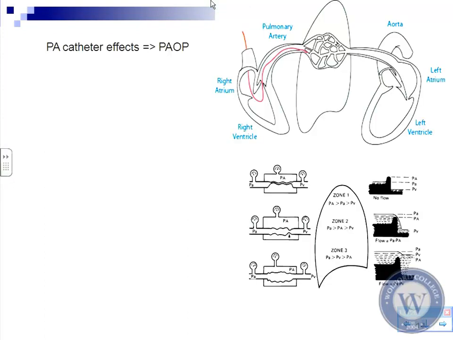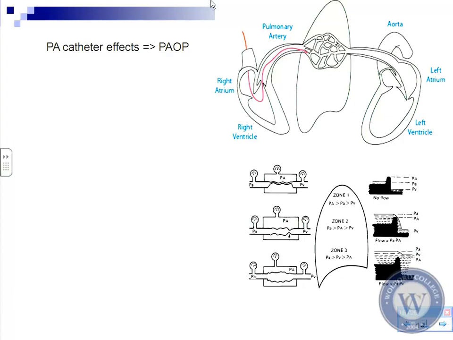Now, these are the examples I was giving you with PA catheters. Most of you have seen PA catheters being inserted, so you put the pulmonary artery catheter in through the superior vena cava usually, and it enters the right atrium, and then it gets floated into the pulmonary artery. And then when the occlusion takes place, it occludes the forward flow. So what you're really measuring is back pressure from the left atrium, which generates your A, C, and V wave.